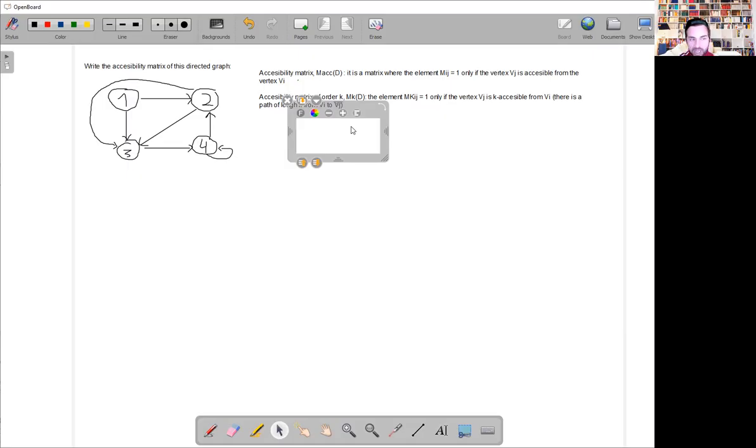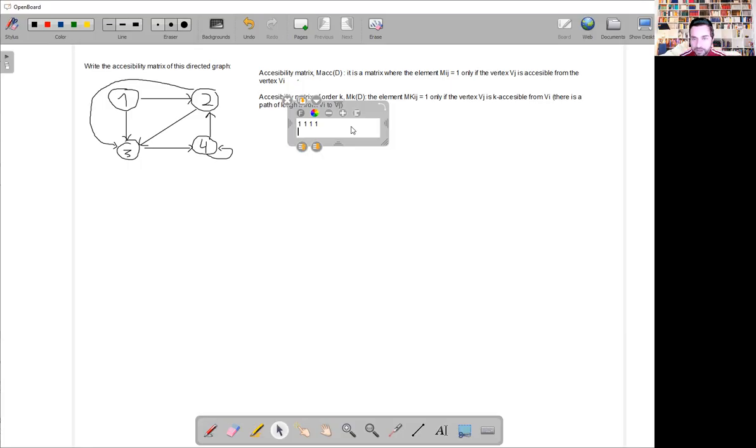Because a node is always accessible from itself. So in the position 1, 1, we put 1. 2 is accessible from 1, right? We can go directly from 1 to 2. 3 is also accessible from 1. And 4 is accessible from 1 through 3, right? So we put 1 here.